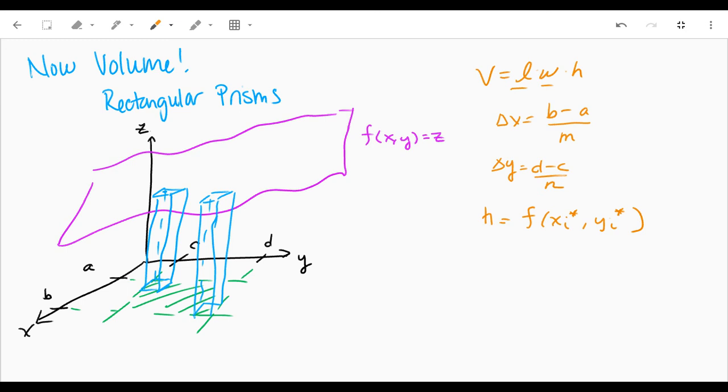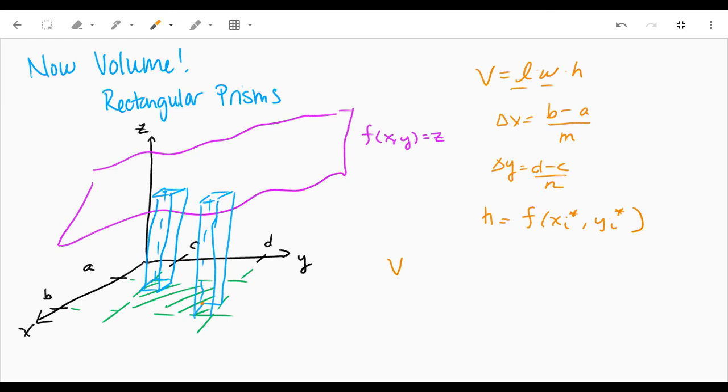Again, for those xi stars, yi stars, we have to be a bit more specific. Are we taking the left endpoint for the x's and the right endpoint for the y's? Are we doing midpoints? You've got to pay attention there, because there are many spots in that base where those points could occur.